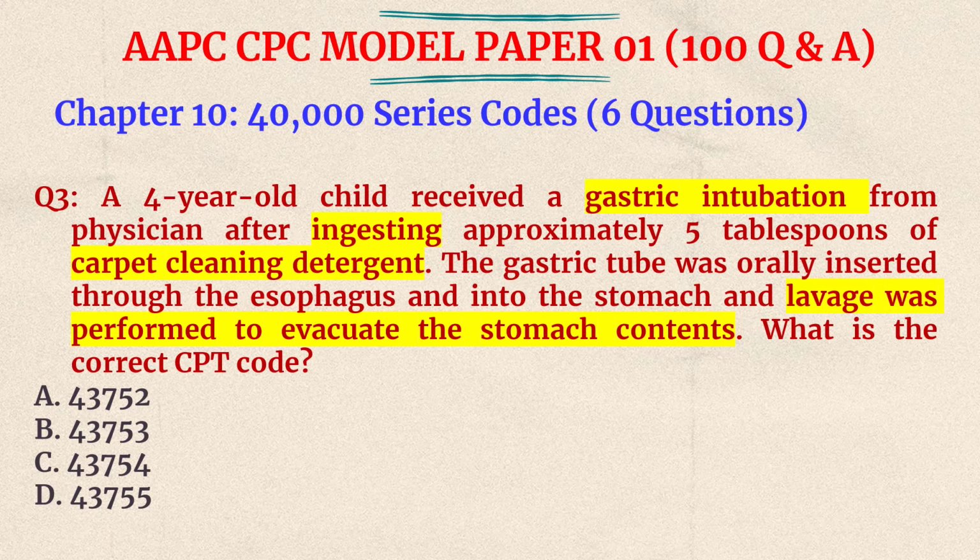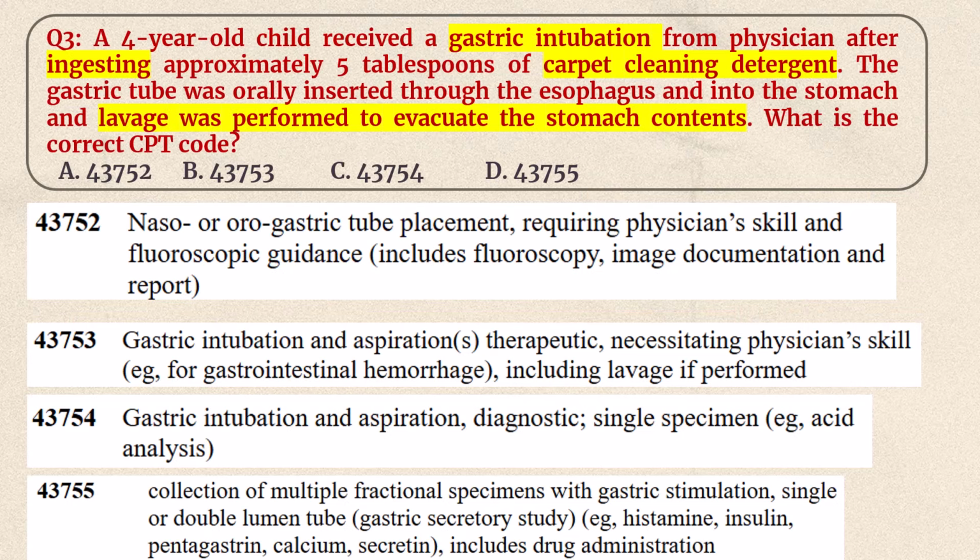You can see the codes, there are adjacent codes 43752, 53, 54 and 55. So you can use the elimination method. Go directly to the codes and find the answer. When you go to the codes, you can see 43752, that is naso- or orogastric tube placement requiring physician skill and fluoroscopic guidance.